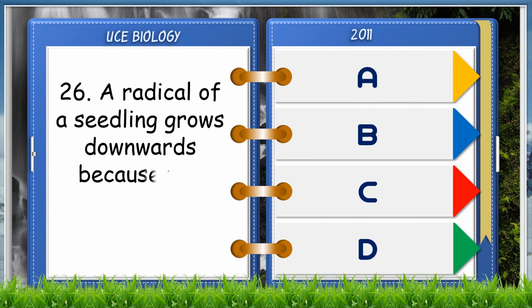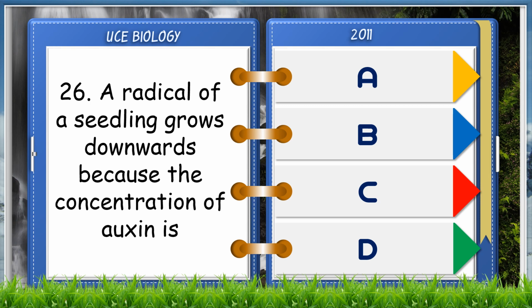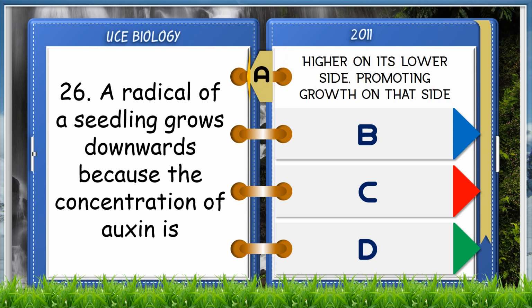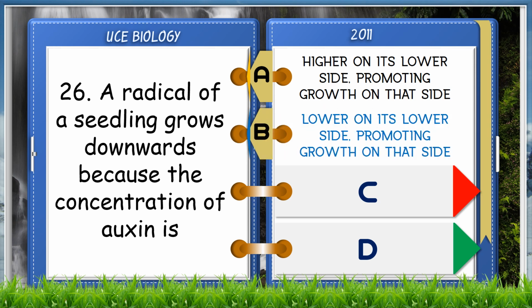A radicle of a seedling grows downwards because the concentration of auxin is A. High on its lower side, promoting growth on that side. B. Lower on its lower side, promoting growth on that side.